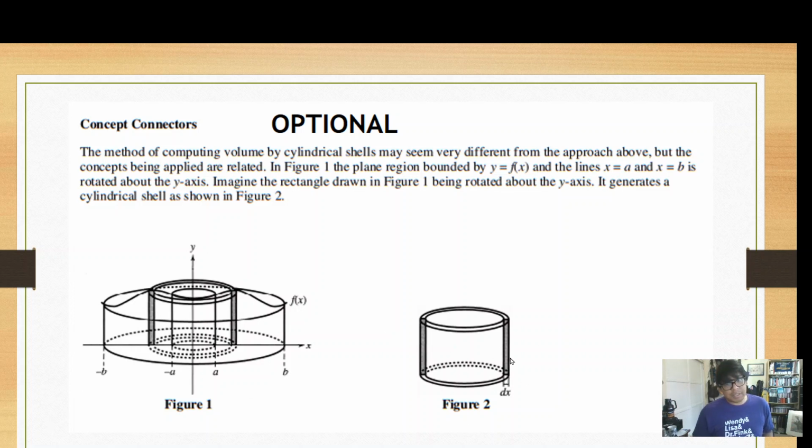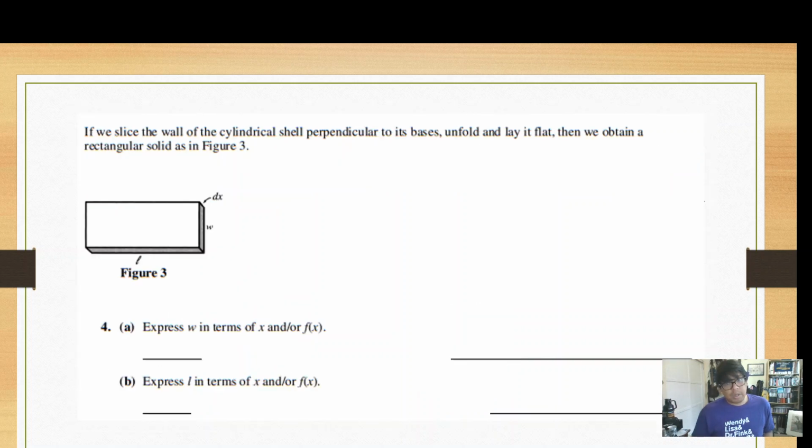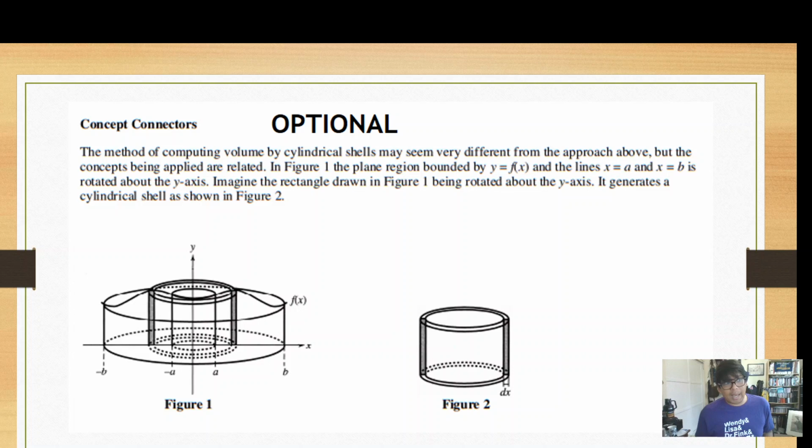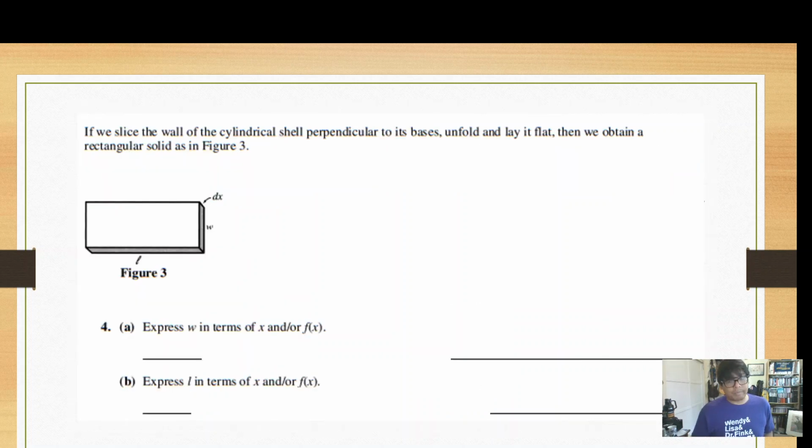If we cut that cylindrical shell apart, you get basically a rectangle. So again, imagine if this is made out of paper and you took a pair of scissors and you went all the way down this shell and you unrolled it, you would get a piece of paper. So how tall would this piece of paper be?